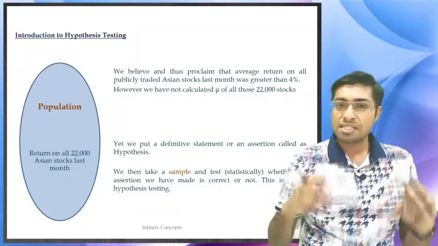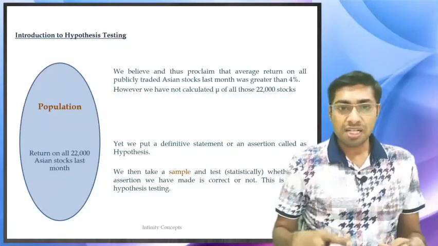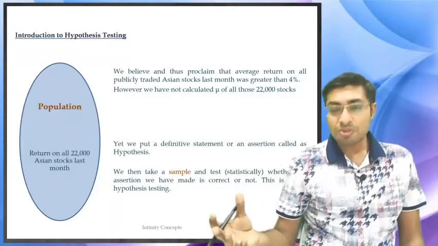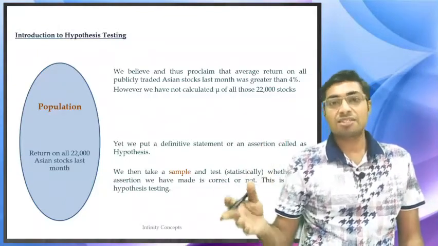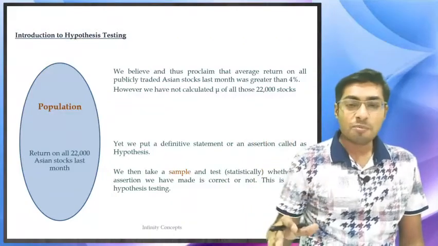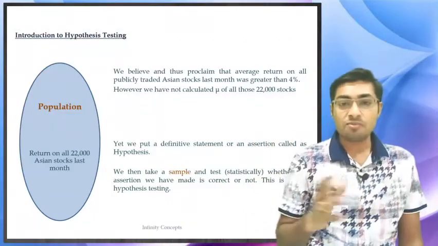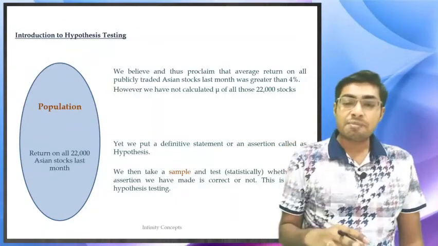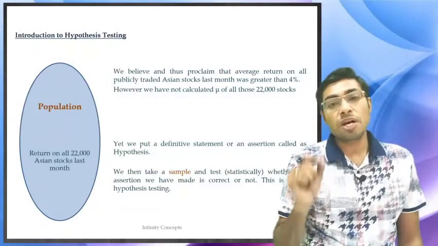There will be the Indian stock market, say Bombay Stock Exchange and National Stock Exchange. Korea will be having its own stock market. Japan will be having its stock market. Singapore, Hong Kong, China, Shanghai Composite, and all of these, whatever the stocks are there on these stock exchanges. As an example, say it is 22,000 stocks.